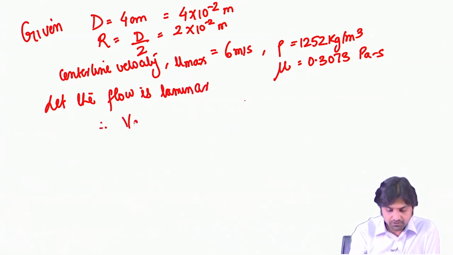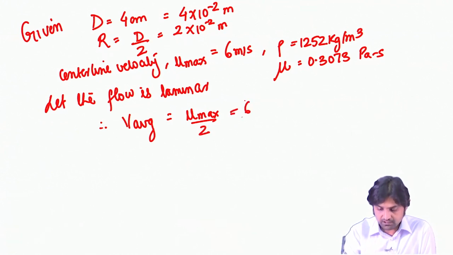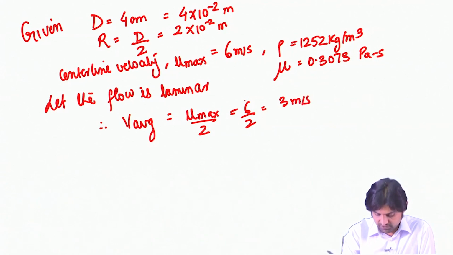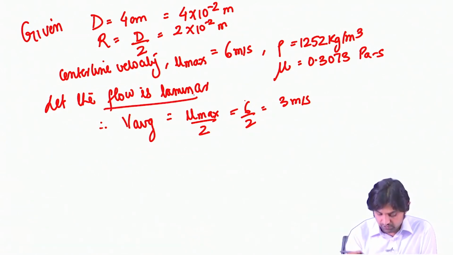Therefore V average is going to be u max by 2, and that is 6 by 2, equal to 3 meters per second. All right. So now we have assumed that the flow is laminar. We have to check also.